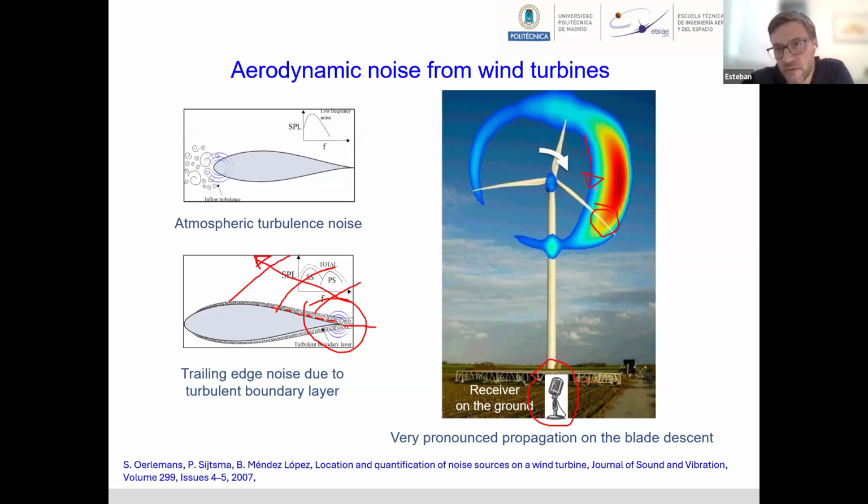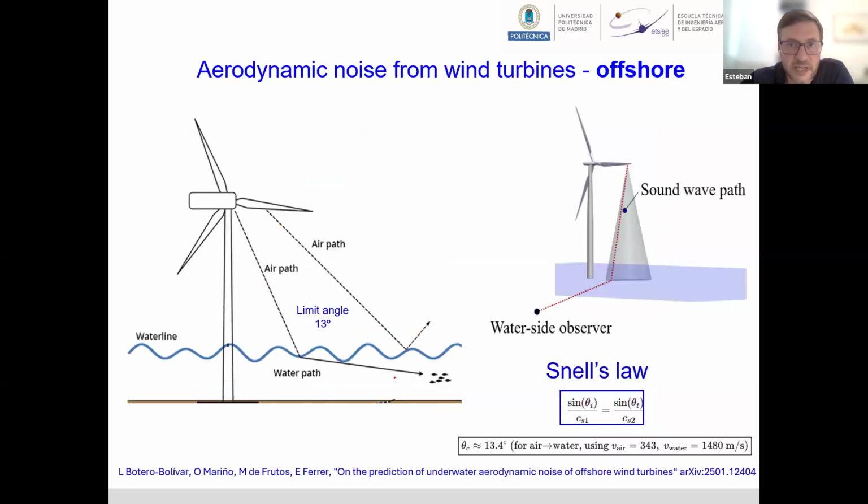So this means that for a blade coming down, there are waves coming like this, and there is the maximum amplitude for a receiver on the ground. So this we know from offshore experiments from a while ago. So we can exploit this to try to see what happens in offshore environments.